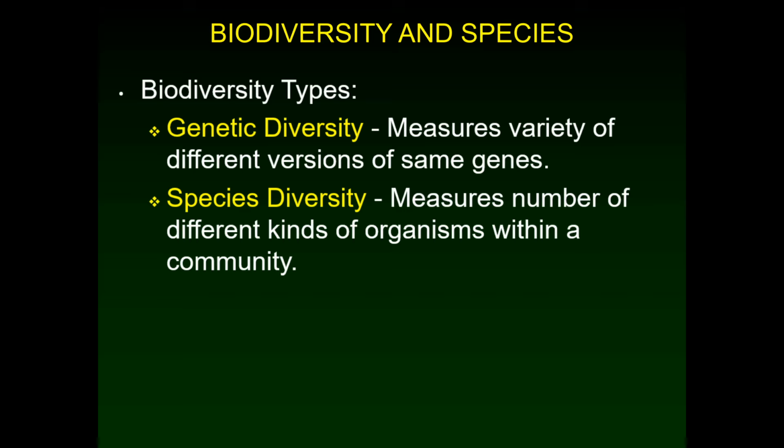There's also species diversity, which measures the number of different kinds of an organism within a community. Think about areas where there's very low species diversity, like the Arctic Circle, and areas with very high species diversity, like the tropics. There is kind of a misnomer that a high amount of species diversity is good. But there have been arguments lately that there are some areas where species diversity is low because the environments are so extreme that only those that can survive there will survive there.